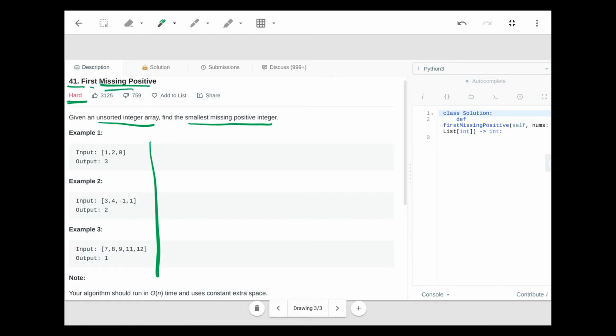So again, if you read out the examples, you can recognize that our answer would definitely lie between 1 and n plus 1, where n being the length of the array, right? So there would be a number missing from 1 to n plus 1 definitely in a given array of length n, right?